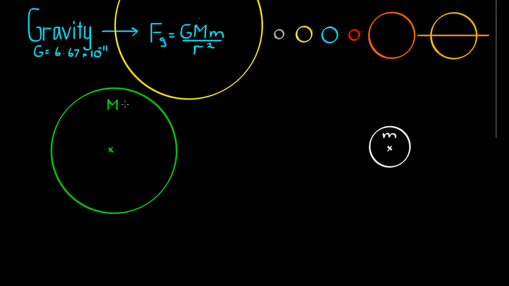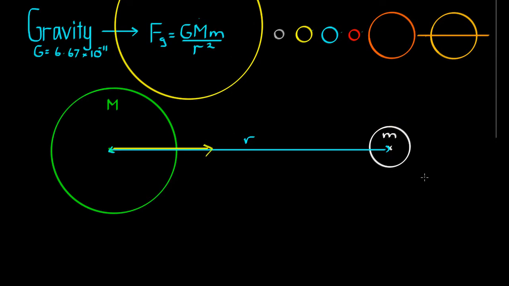So I'll draw it down here. This is the mass of object 1, this is the mass of object 2, and this here is r. And the forces we're seeing would look like this. Fg is equal to G times m divided by r squared.